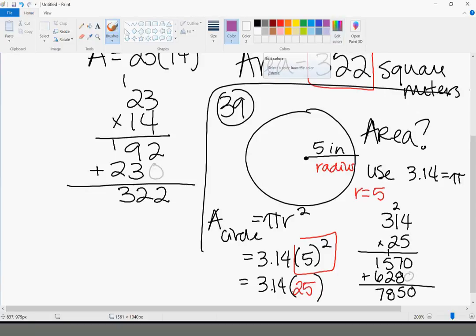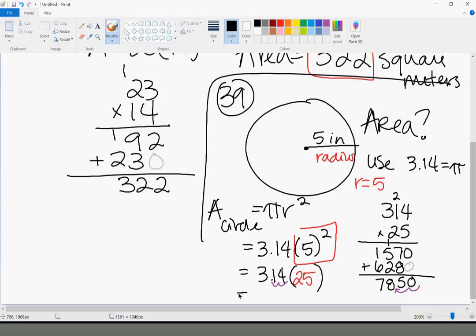Now it's time to go back and add those decimals. So this was 2 decimal places, so that's 1, 2 here. So the area of this circle is going to be 78.50. It says round to the nearest tenth, so we can just say 78.5. Okay?